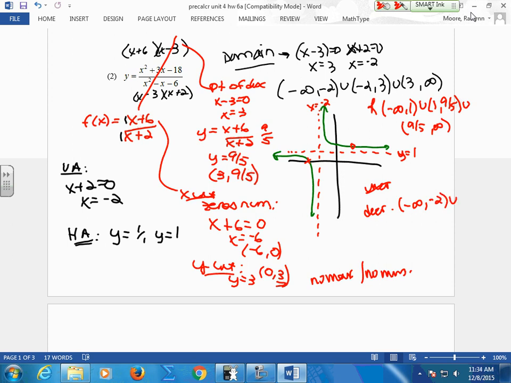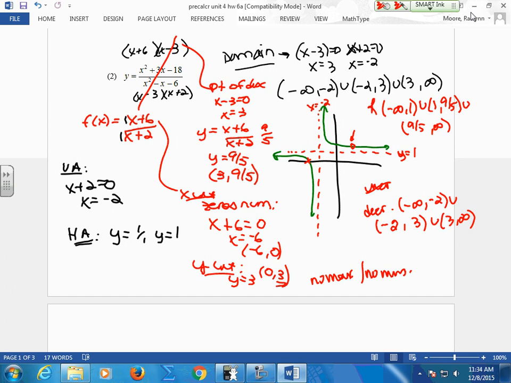Then it's decreasing from where? Negative 2 to where? Decreasing with the x. The y is decreasing, but I gave it to you from x. Negative 2 to where am I going to get stopped? Oh, what's this x value? 3. I got to jump over it, and then 3 to infinity.